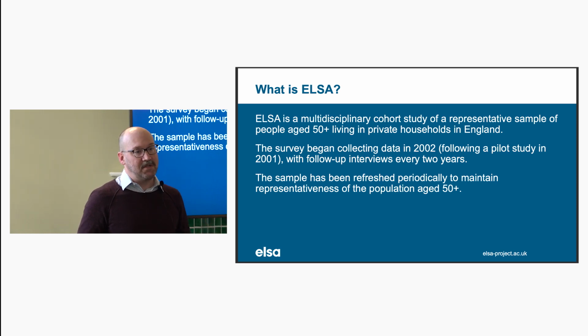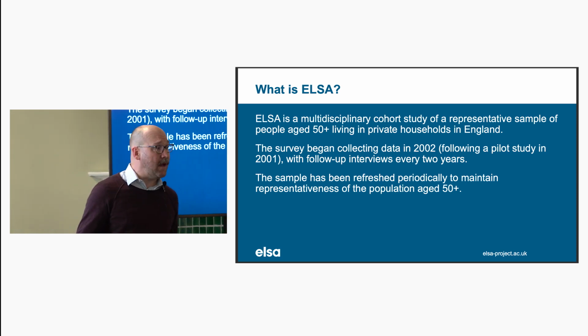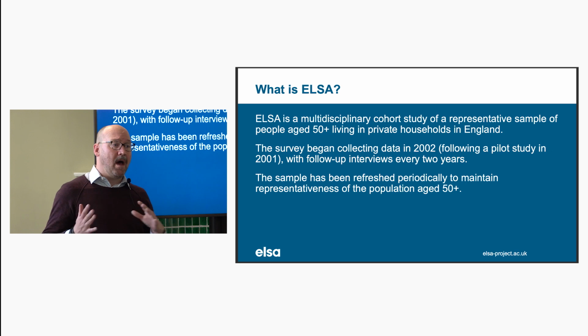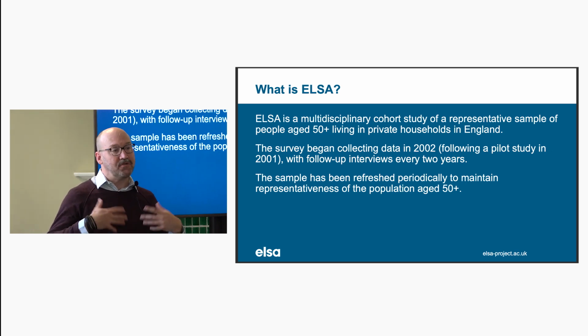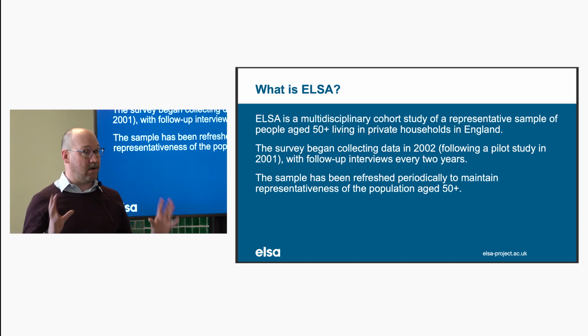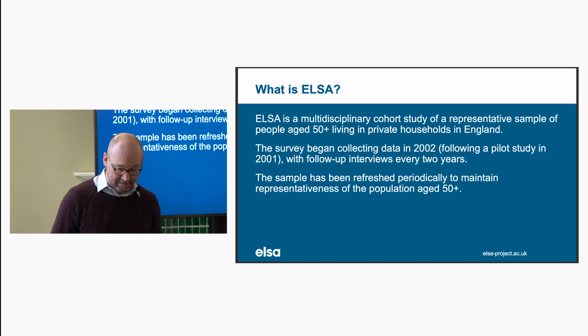Then in 2002, we started surveying the respondents, following up every 2 years. Naturally, because this is a study about an aging cohort, as time has gone on, we've had to introduce refreshment samples periodically to make sure that our cohort remains representative of those aged 50 plus.